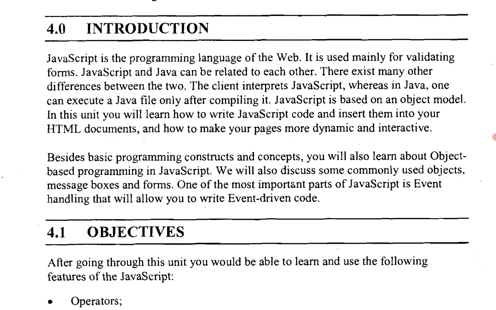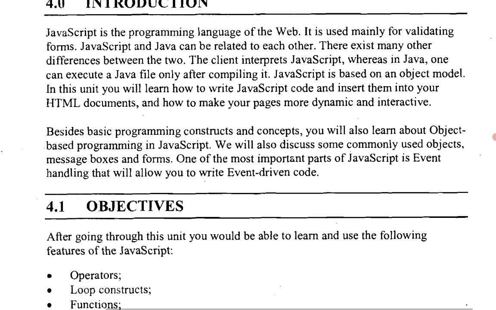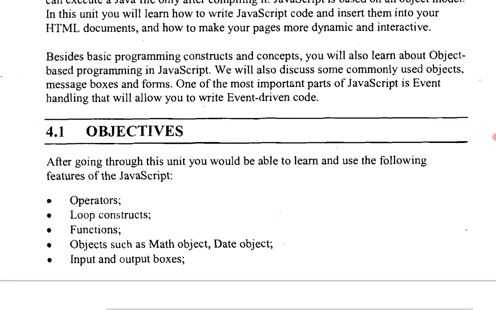Besides programming constructs, JavaScript is also an object oriented, scripting language mainly used at the client side, meaning client devices, and mainly used for creating objects, message boxes, forms and form validations.